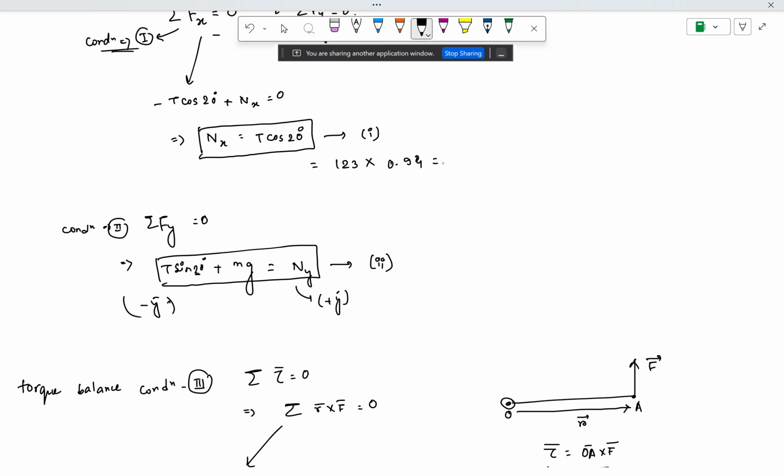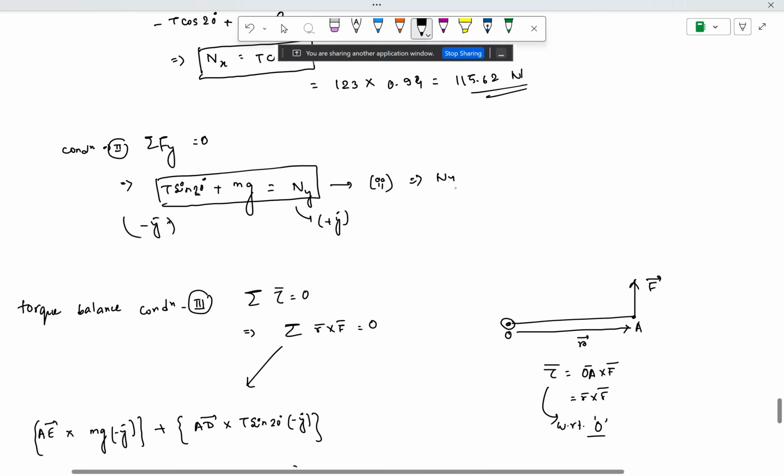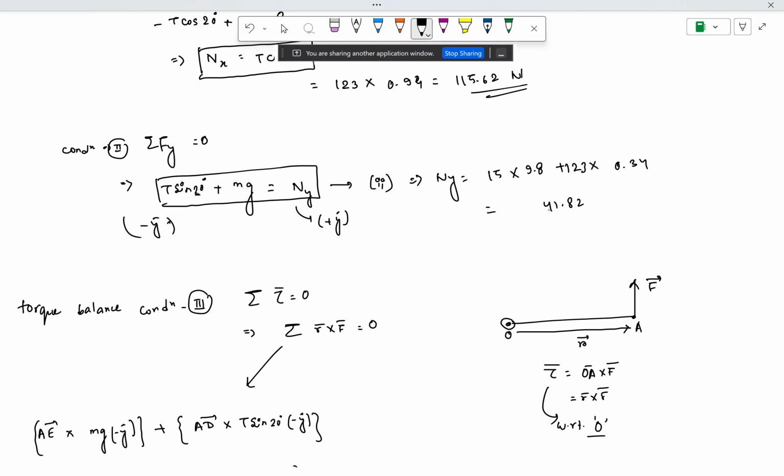But this Ny is equal to mg, which is 15 into 9.8, plus 123 into sine 20 degree, which is 0.34. So 123 into 0.34 into 9.8. This is 115.62 and 188.82.